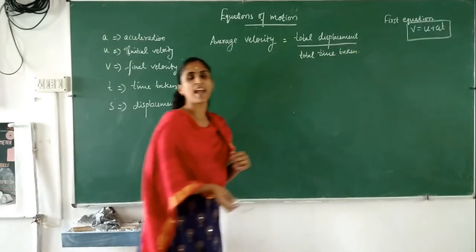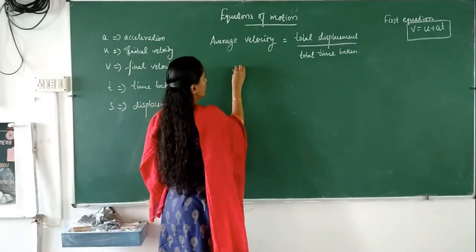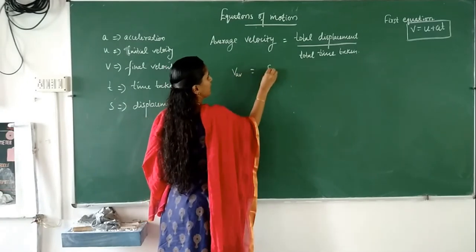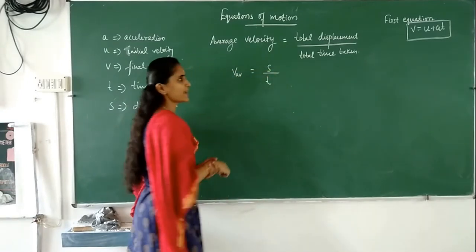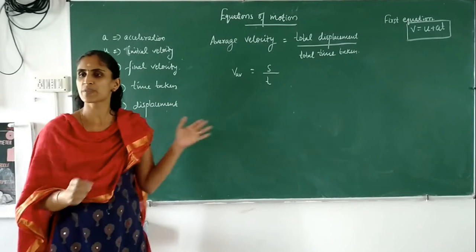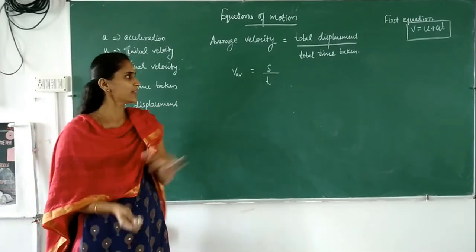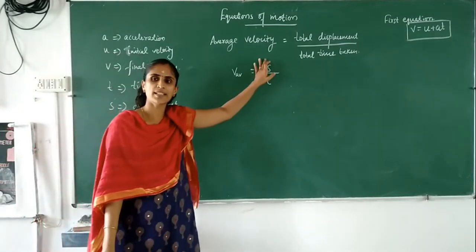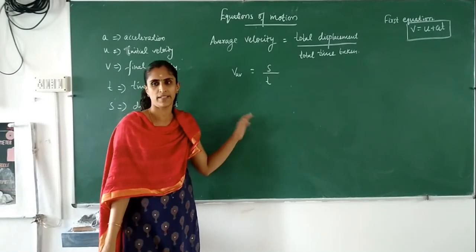Here, total displacement is s and total time taken is t, because the object is moving in a straight line. So average velocity is equal to s by t.